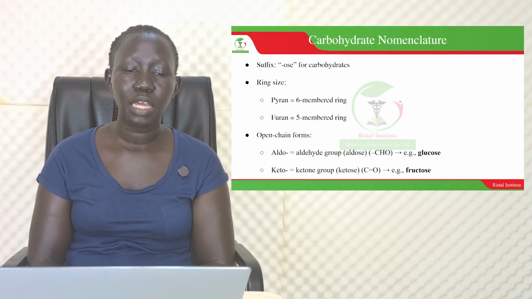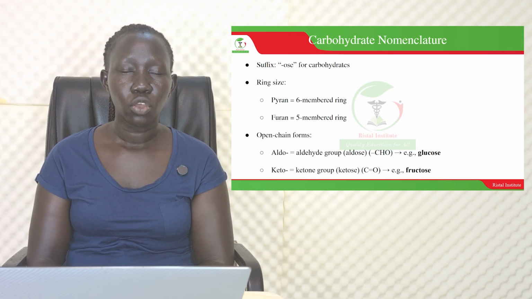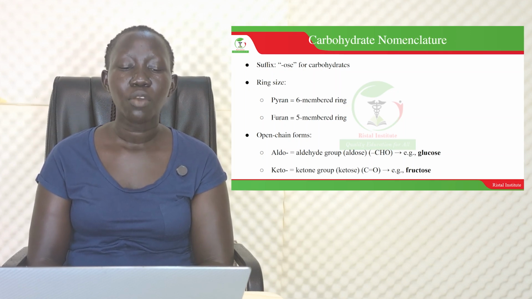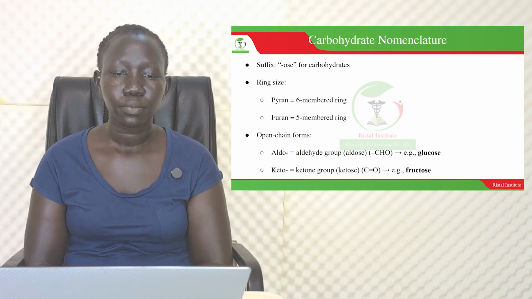We have the 6-membered ring that is called the pyran, and a 5-membered ring that is the furan. We can also have the open chain forms, which constitutes the aldose or the aldo group that contains an aldehyde group, for example, glucose. And we have also the keto or the ketone group, the ketose sugars, for example, fructose.